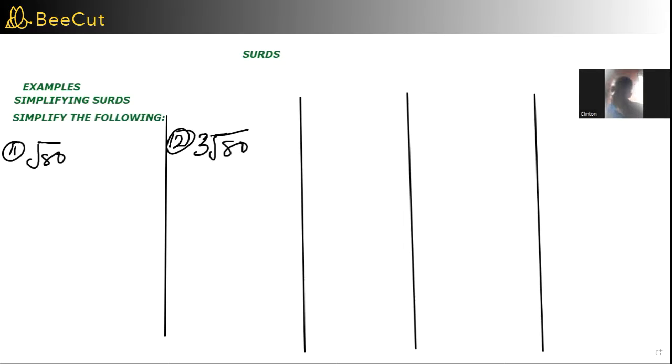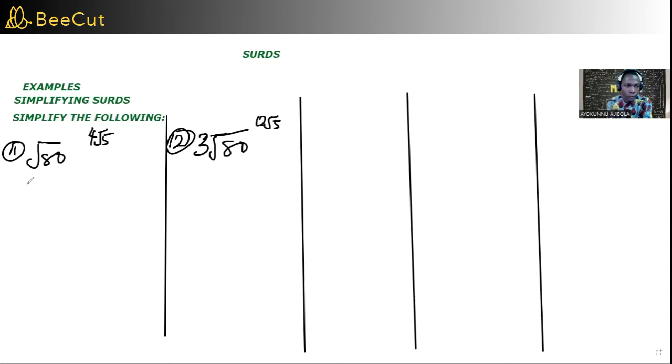So I'm done. Okay. What is the answer to the question? 4 root 5. Okay. What about the second one? 12 root 5. I think that's correct.